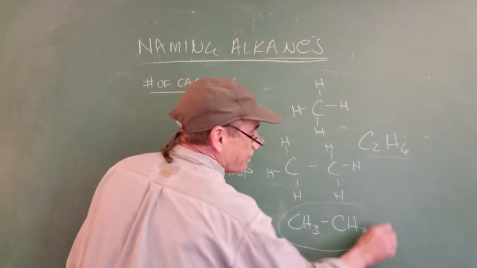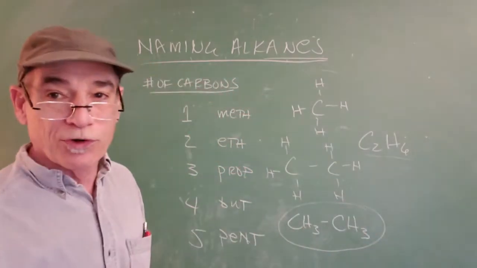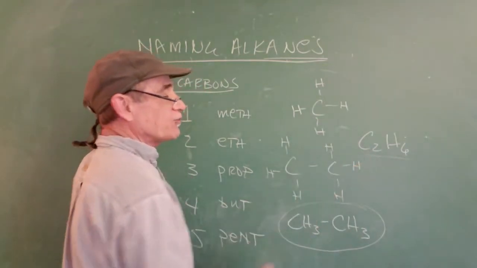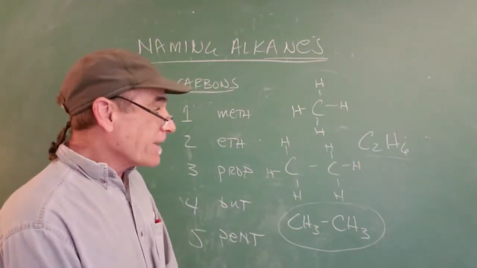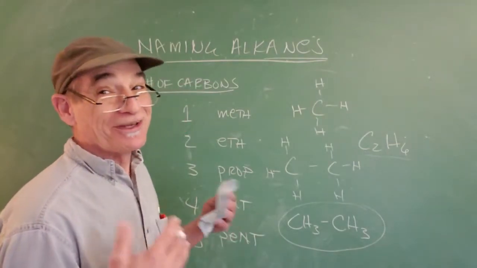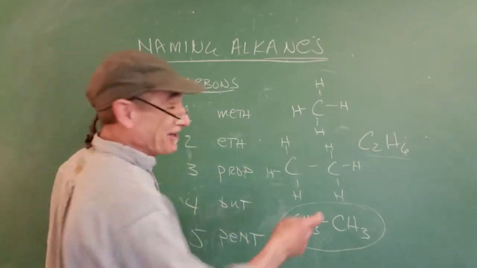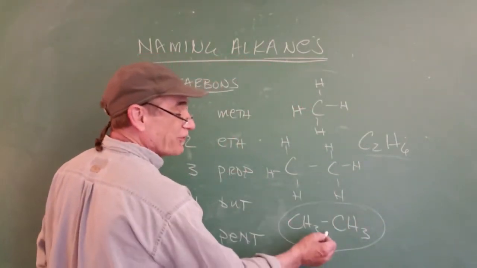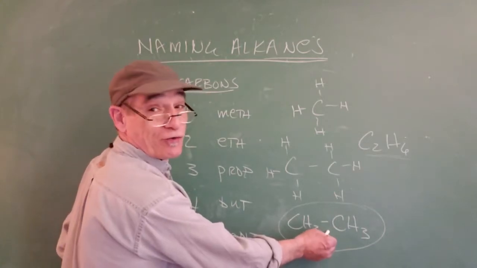You can see that might be a little more portable, or at least easier to do than drawing all the hydrogens splayed out like that. But you'll see the formula for ethane written one of these 3 ways: as a molecular formula, as a structural formula, or as what they call a condensed structural formula.